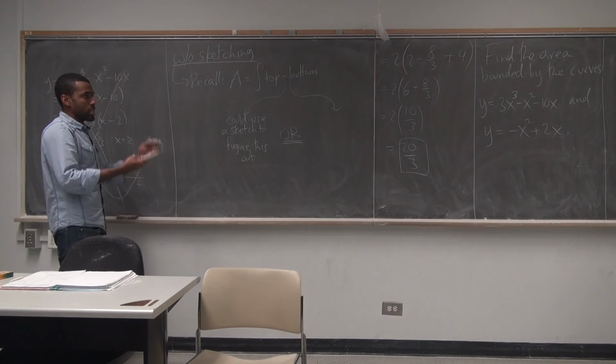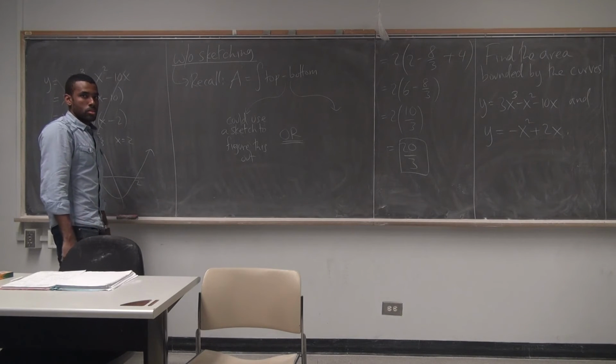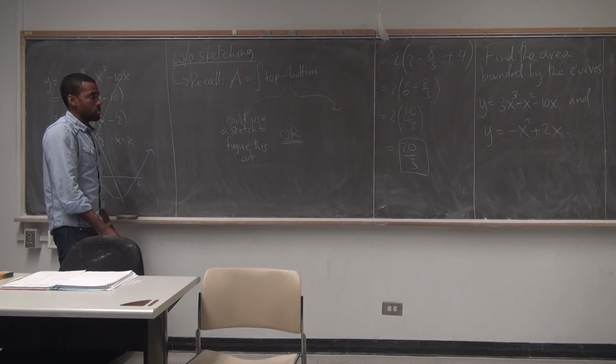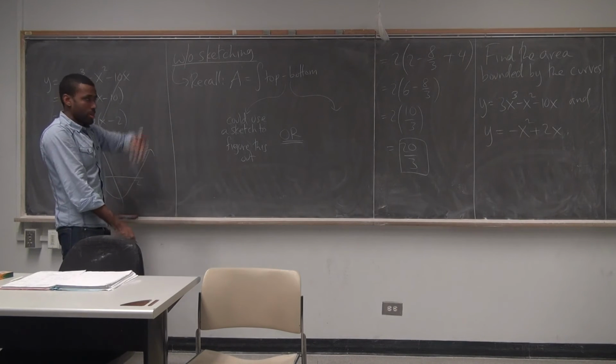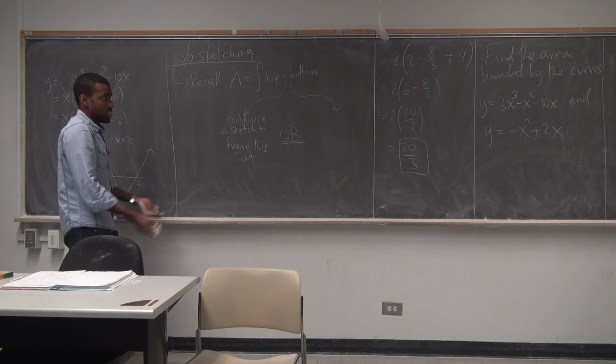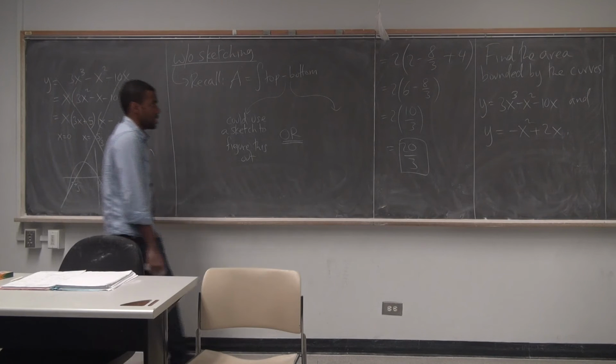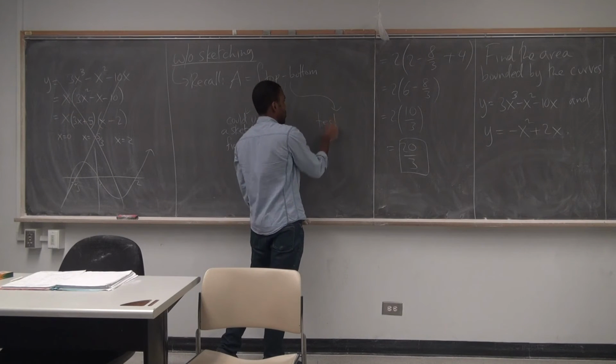Well, basically, top is the guy who has the higher y values, right? That's how you know something is the top. It has higher y values than the other guy, which means he's above the other guy. So all you have to do is figure out which y values are bigger for which function. That's basically the idea. So here you can just test points.